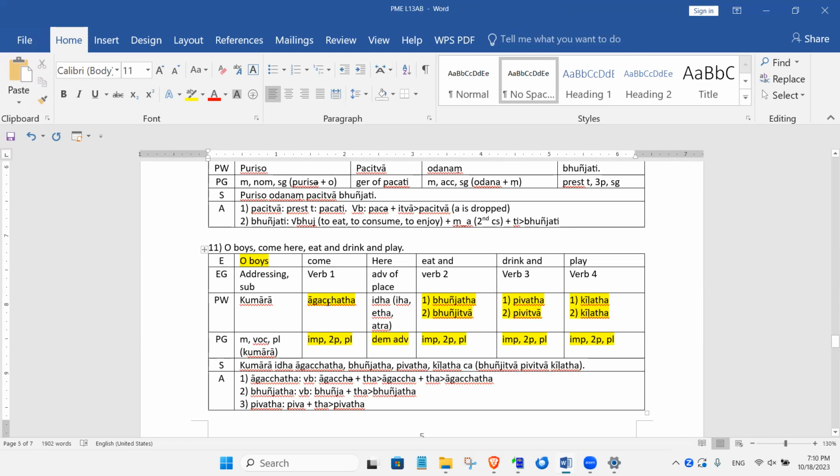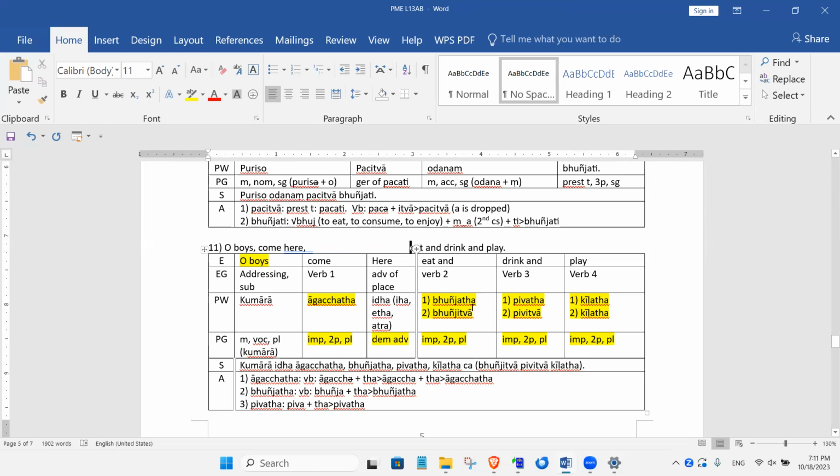So, come, agachata, eat, bhunjata, drink, pivata, play, kilata. So you can use the ta, ta, ta, ta. But if you want to use the gerund, because there's a comma here, then after the comma, eat and drink, you can put in the gerund.